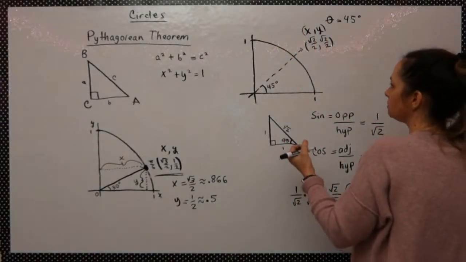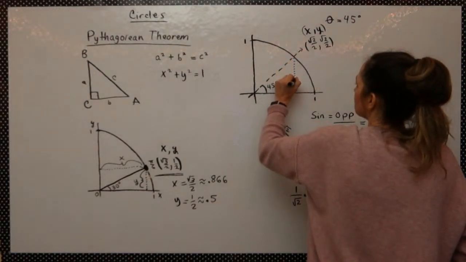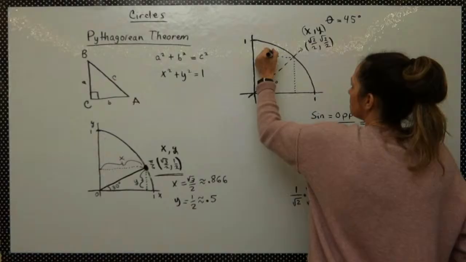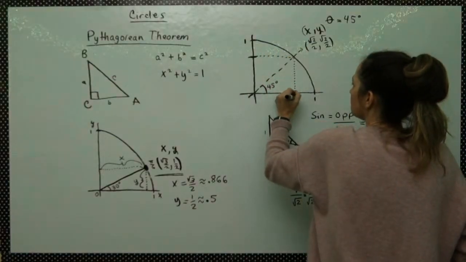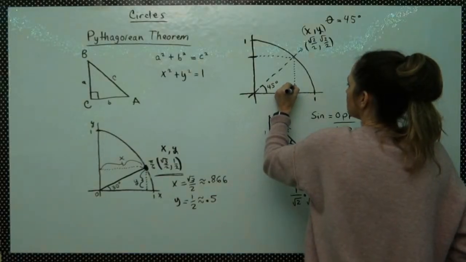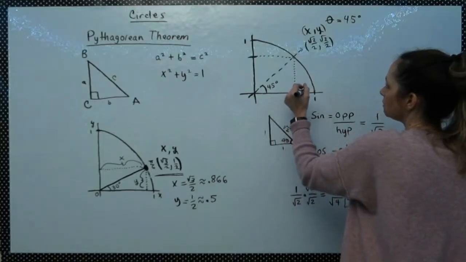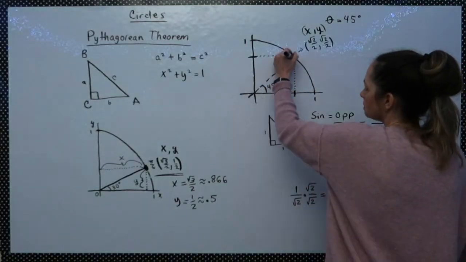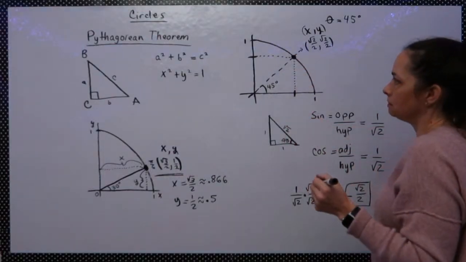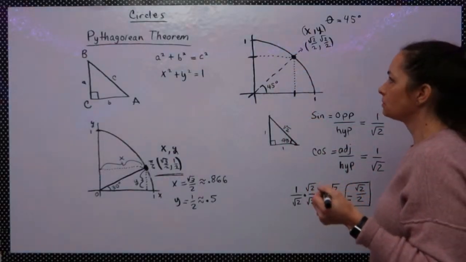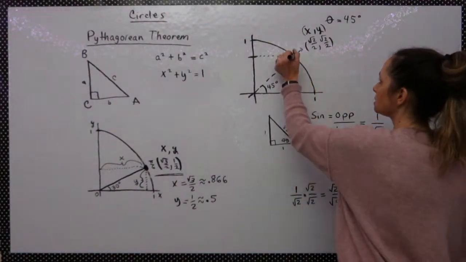So what it's telling us is that the vertical and horizontal components of this point right here that lies on the graph of the circle on the Cartesian coordinate system. So it's this point right here.